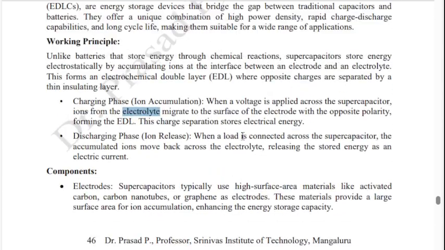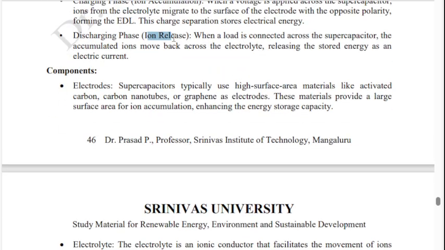Now during the discharging phase, that is ion release, when the load is connected across the supercapacitor, meaning when we want to take electricity from it, the ions move back across the electrolyte, which releases the stored energy. To make a negatively charged ion get stored on one side, it needs a lot of positive charge there.